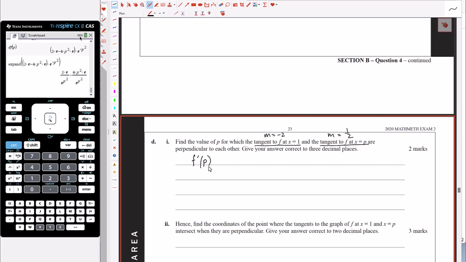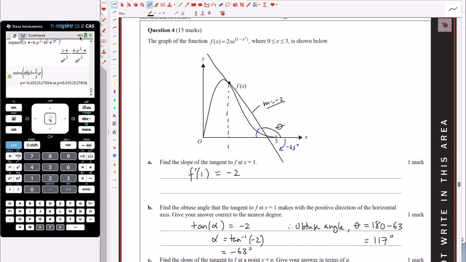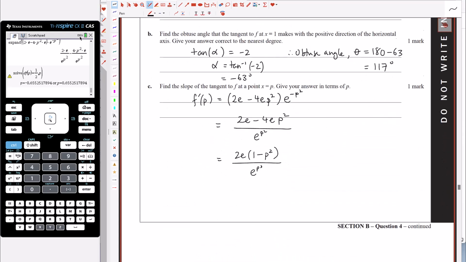So we want that derivative at p to be equal to 1/2. So we're going to solve this derivative at p equals 1/2 for p. And we want 3 decimal places. We also need to be in the domain. So remember, our function only exists from 0 to 3, so p can only be a point somewhere within that domain from 0 to 3.